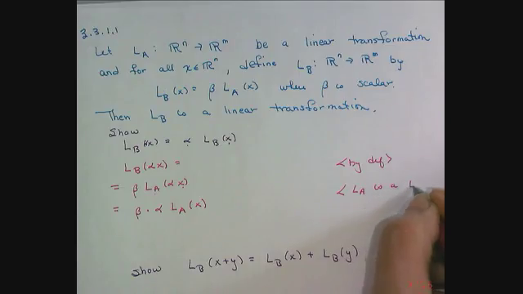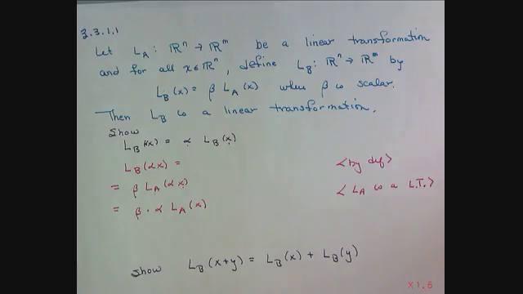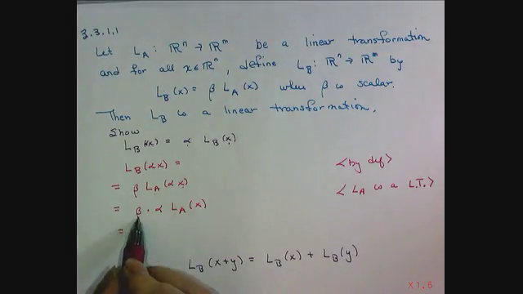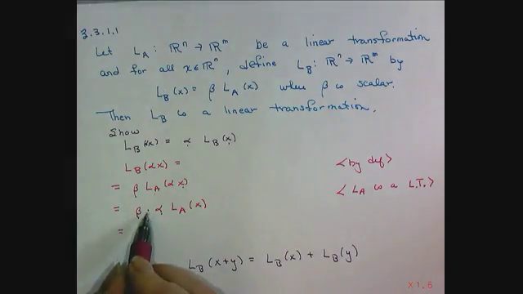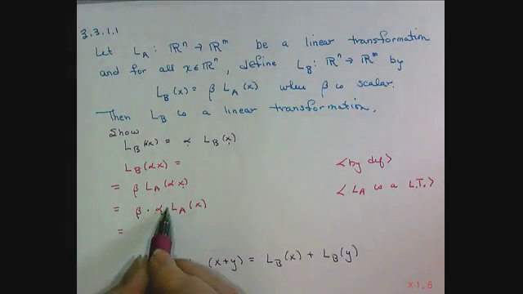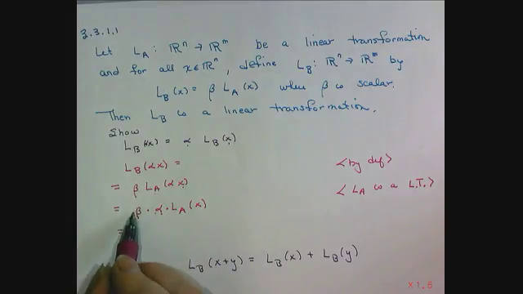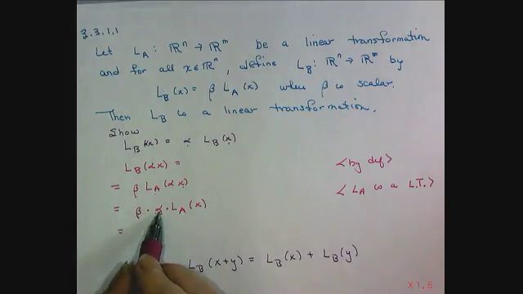I'm just going to use LT for linear transformation here. Beta is just a real number, and so is alpha. So we have beta times alpha times this vector.